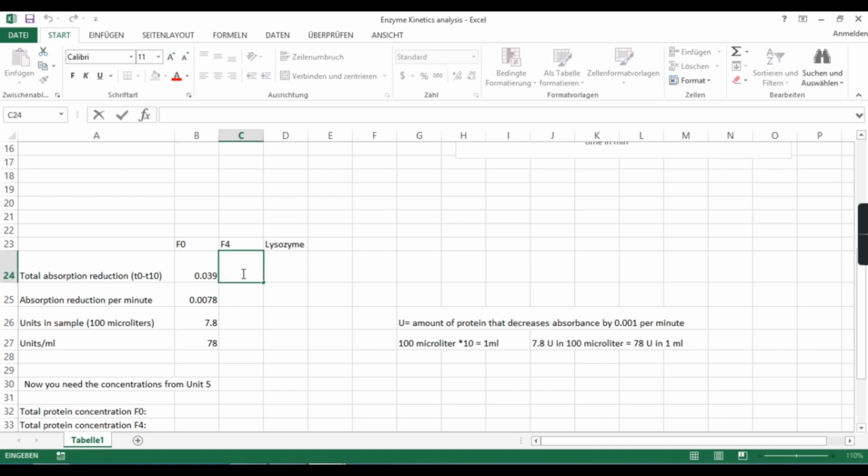After that, you calculate in the same way the total absorption reduction, the absorption reduction per minute, the units in sample and the units per milliliter for F4 and lysozyme.